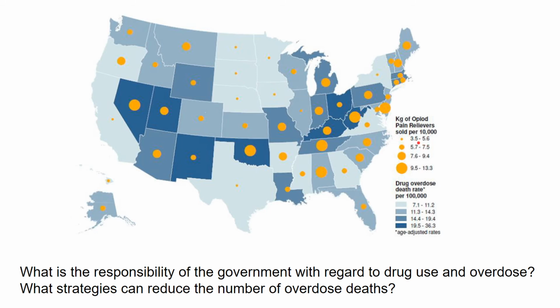So if people don't have access to them, it's harder to become addicted, abuse them, and overdose. So that's obviously one of the easiest strategies. If prescribers don't prescribe them, doctors don't prescribe them, then you don't have to worry about as many people getting their hands on them or having problems.